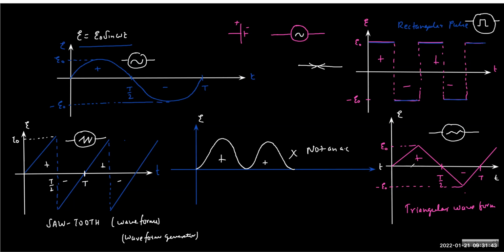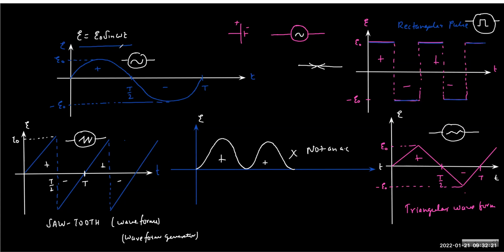As a matter of tradition, the voltage source is taken as a reference. Reference means we assume that all voltage sources, you can take any of them, so I'll take sinusoidal. Any sine may have some phase also, so I can represent it as sine omega t plus phi, but we just write sine omega t.